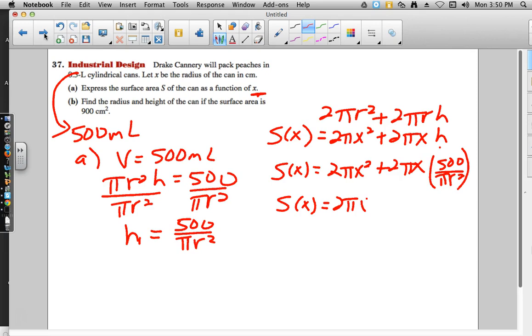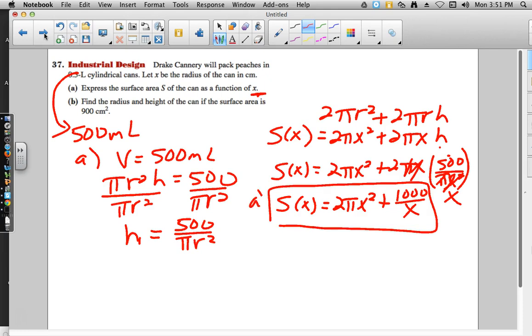So 2 pi x squared plus, here an x will cancel out and we'll have 1x left, and a pi will cancel out, and we'll have 2 times 500, which is 1,000 over x. That is part A. Part B says find the radius and height of the can if the surface area is 900 square centimeters. So for B, we want to put a 900 in here.